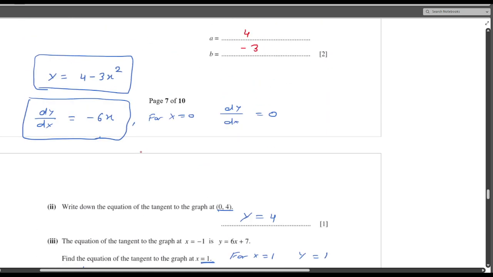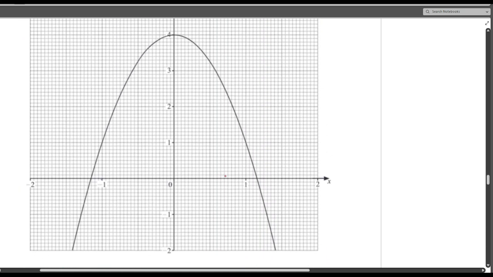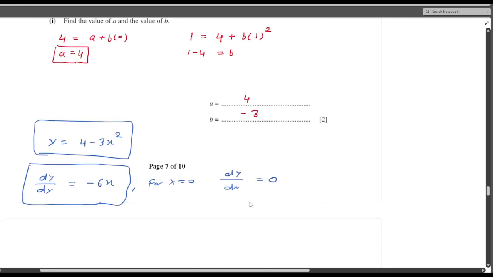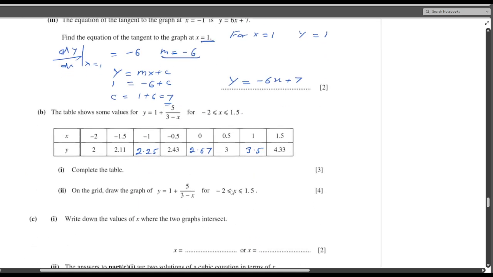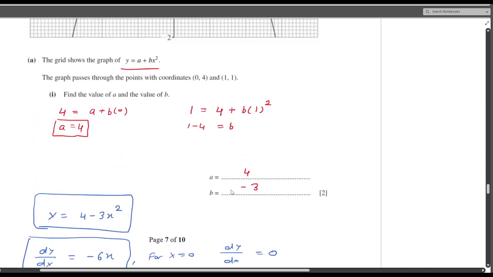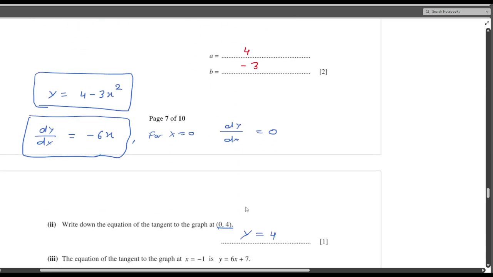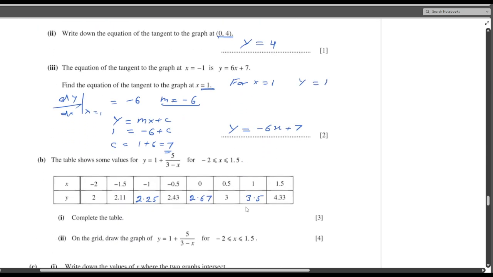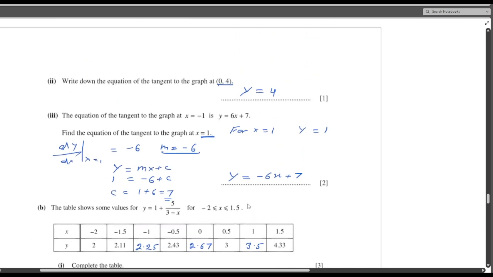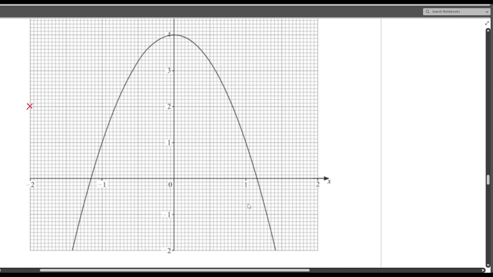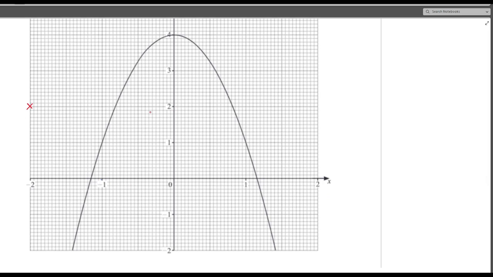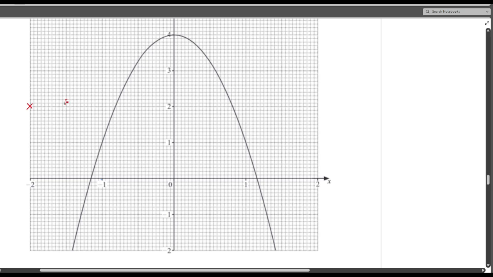So for -2 it is 2, so I will get one point over here. Then for -1.5 it is 2.11, which is a point a little bit above this.